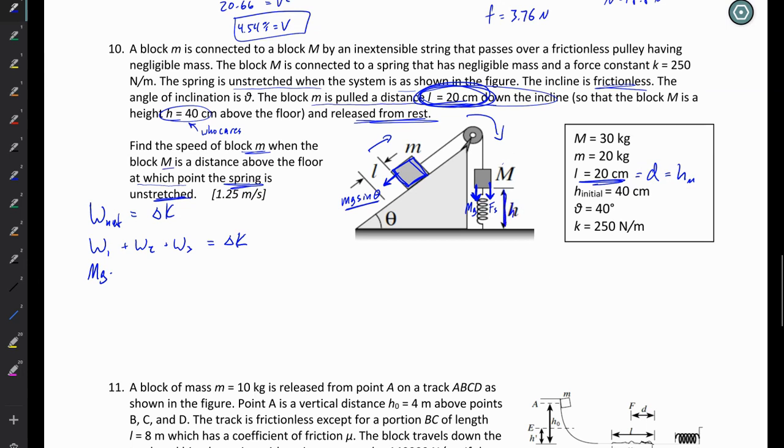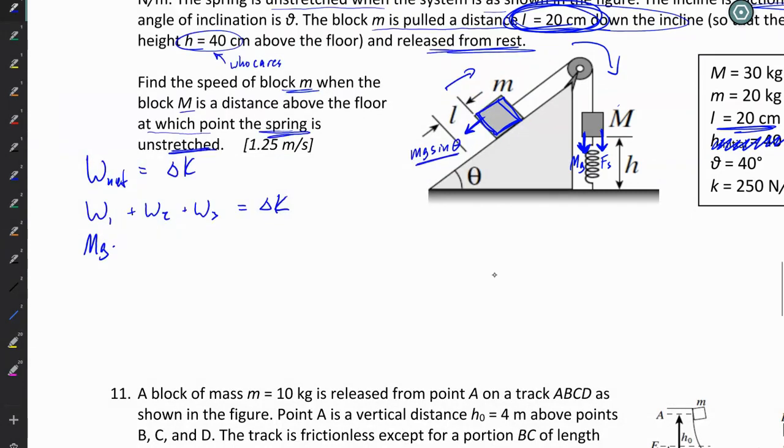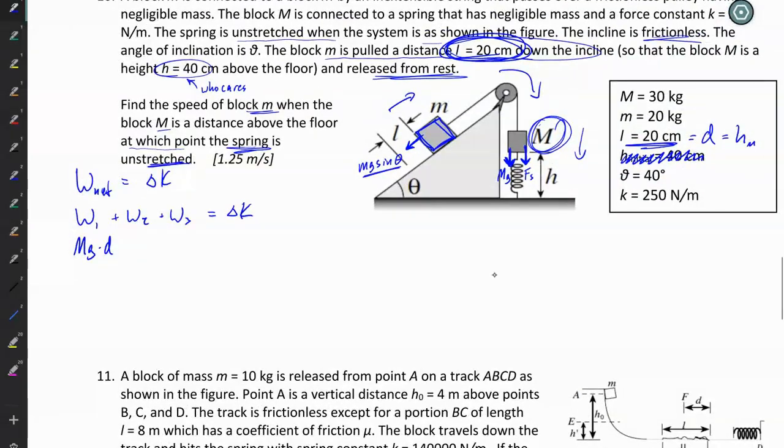This height here is kind of irrelevant because the mass isn't going to go that far, or I suppose it could, but we're not going to pay attention that long. It doesn't really matter where the floor is because we're not going to hit it. So the work done by gravity on the big mass, pulling it down, is going to be Mg times, I'm just going to call it d for convenience, leaning on this over here.